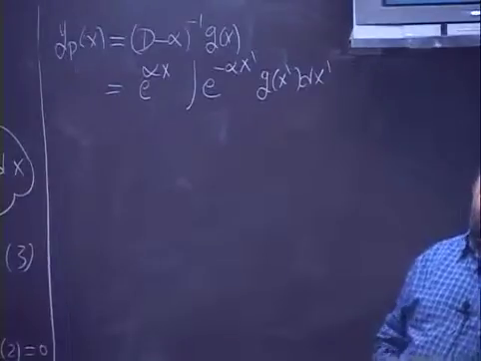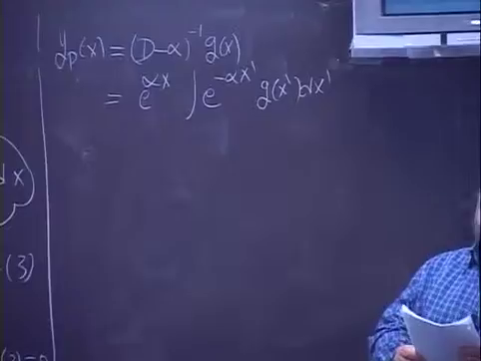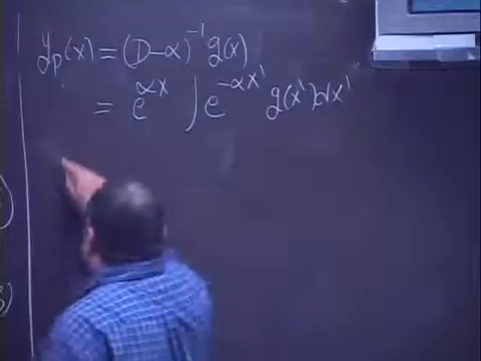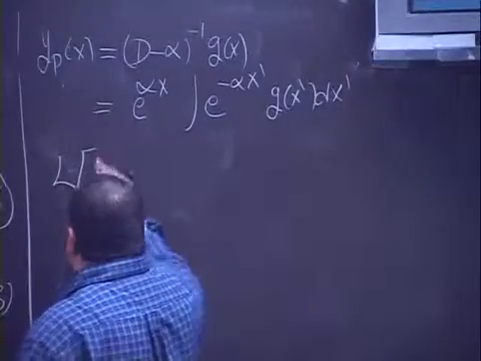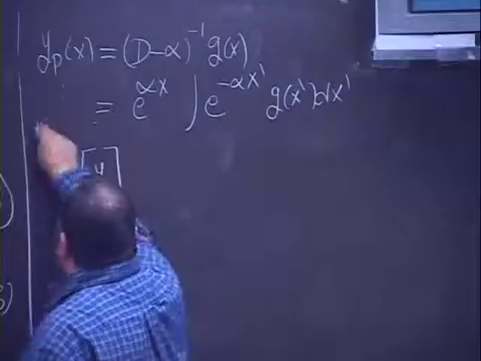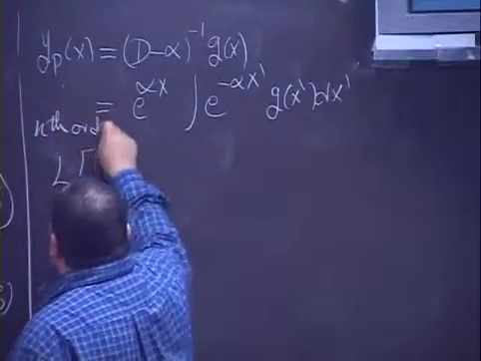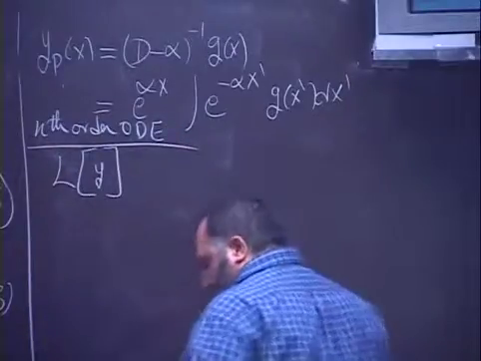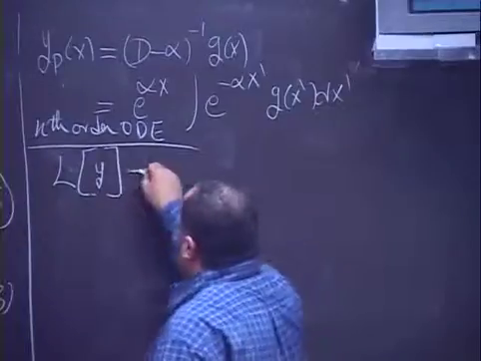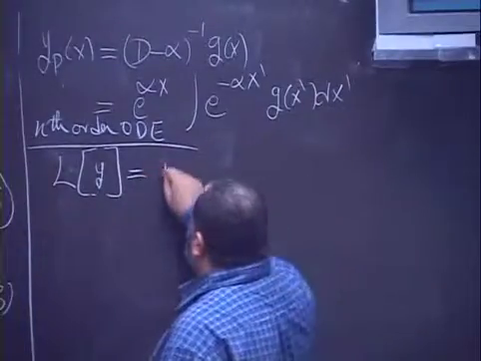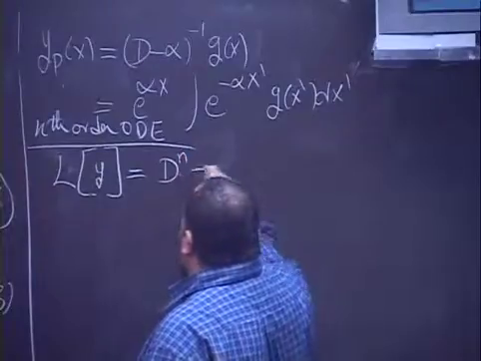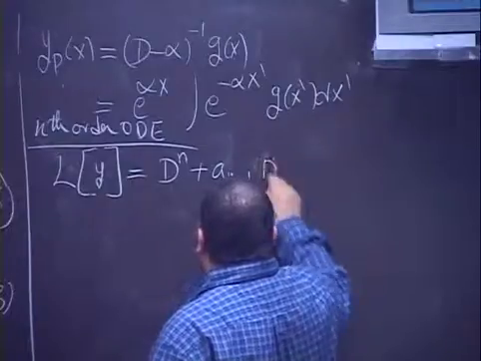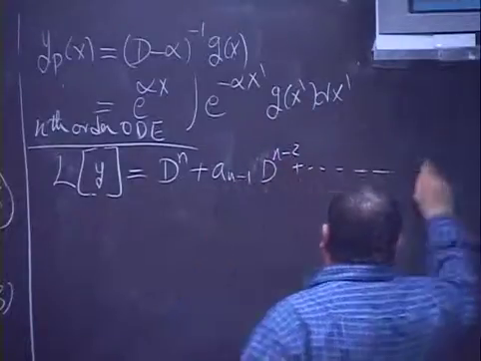Yes? What if I have an nth order linear differential equation with constant coefficients? So I can have L of y. This is an nth order ODE. So I can have L of y, and this is written in the operator form. So this is d to the n plus a n minus 1 d to the n minus 2, plus up to a naught.